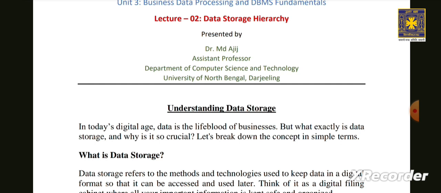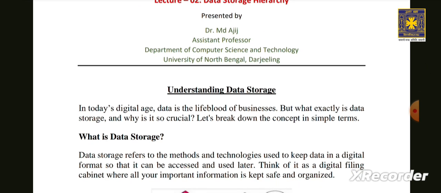Let's start with what exactly is data storage and why it is so crucial, and let's break it down in simple terms. Data storage is all about how we keep our information safe and organized in a digital format. Think of it like a digital filing cabinet where you store important documents.